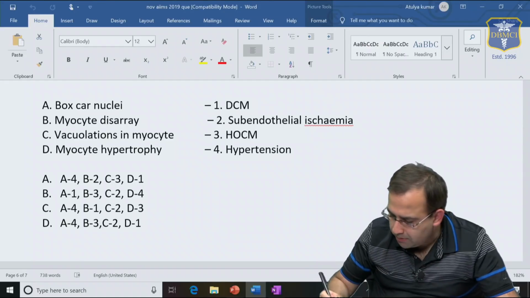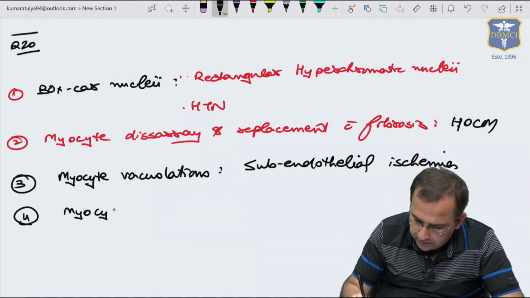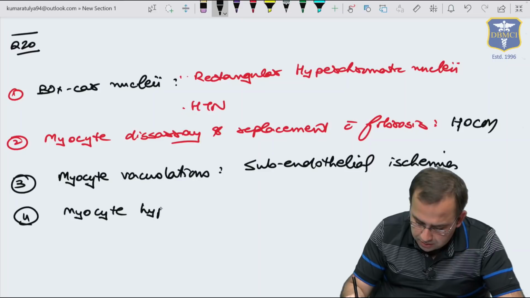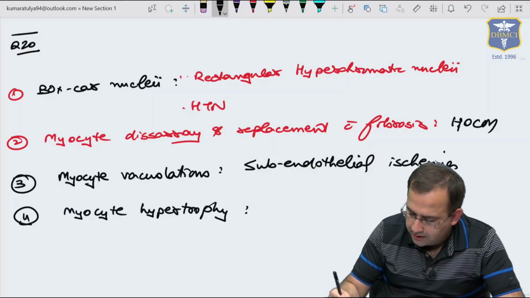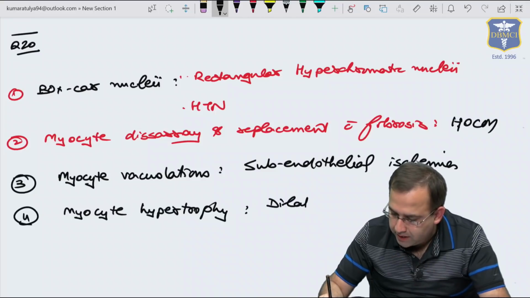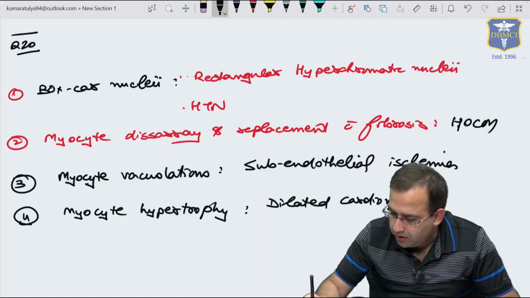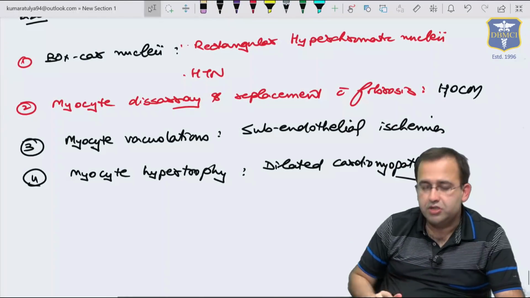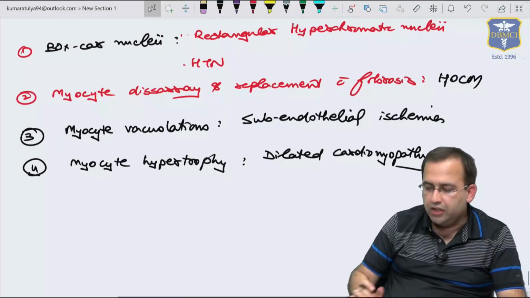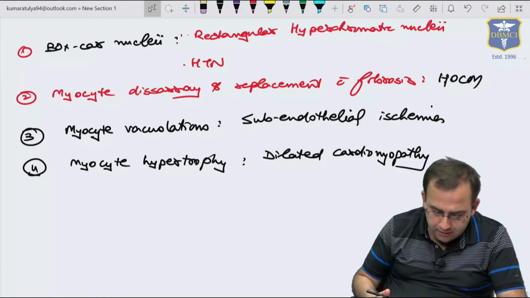So myocyte hypertrophy with enlarged nuclei is seen in dilated cardiomyopathy. This is the way I would have handled the question as a student, even if I knew nothing about it. Chances of marking the right answer increase.